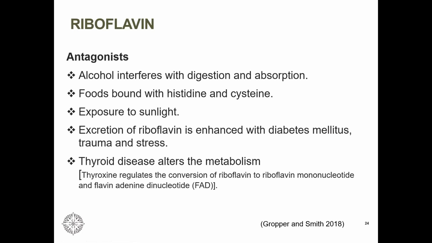Why that happens, I tried to look up and I could not find any specific pathway through which that is happening. But my understanding is that in diabetes, all the metabolic pathways are deranged. So that might be the reason that riboflavin may be becoming deficient.